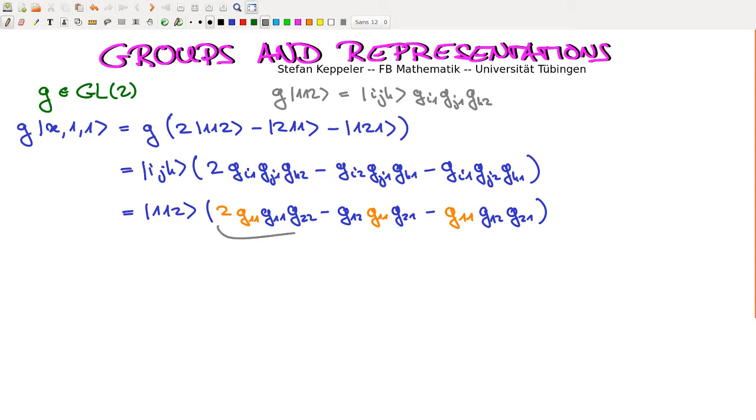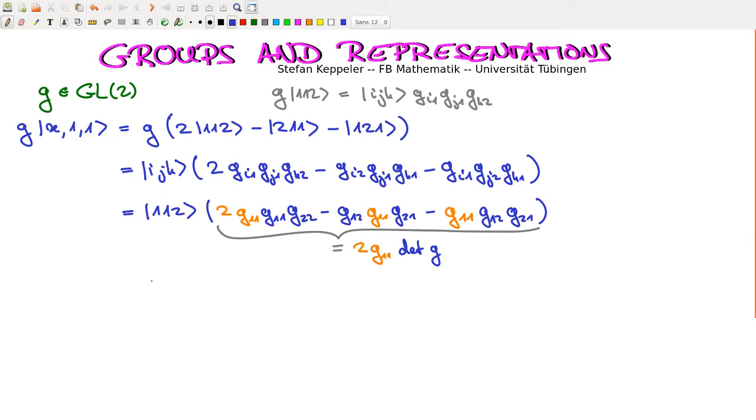And now look what's left in blue. That's just the determinant of our GL2 matrix G. So what we really get here is twice matrix element G11, it's the orange stuff, and then the determinant of G.